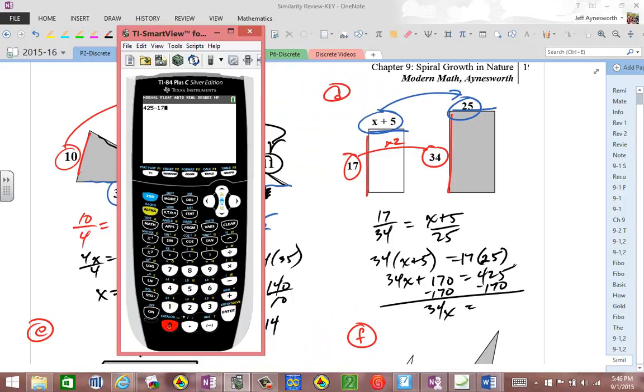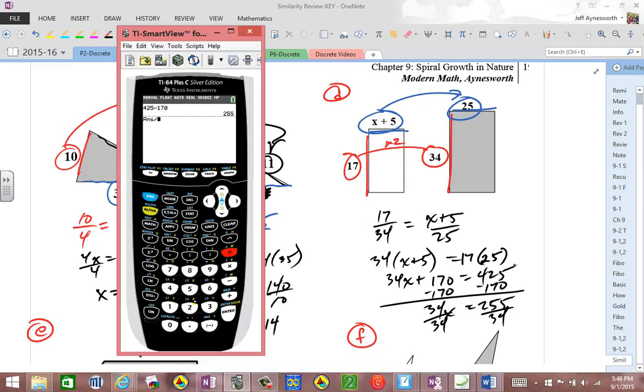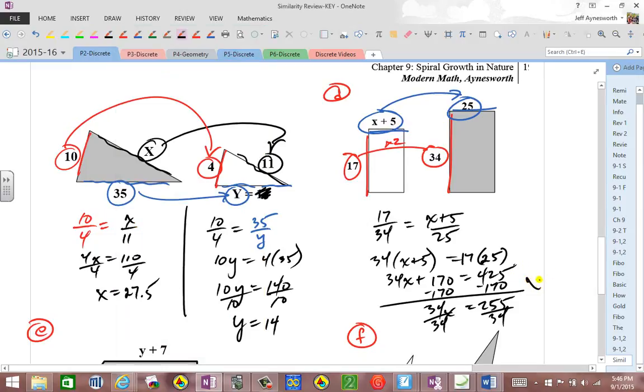And you get 255. So 255 and then divided by 34. Oh my God. This is going to end up gnarly here. Okay, so divided by 34, what do we get? You get 7.5. So x equals 7.5. Believe it or not, that's it, guys. Sometimes it happens like that.